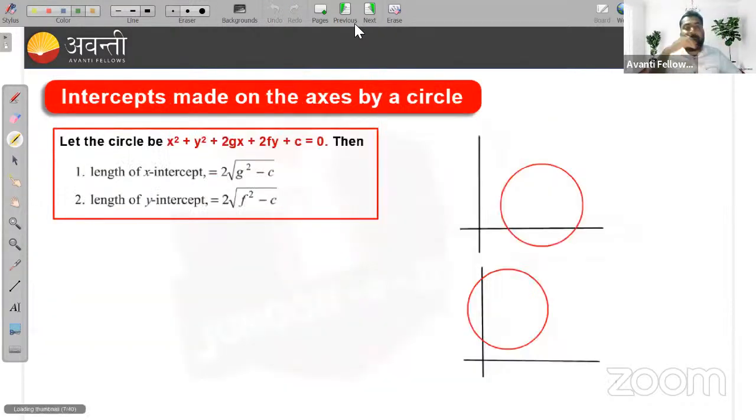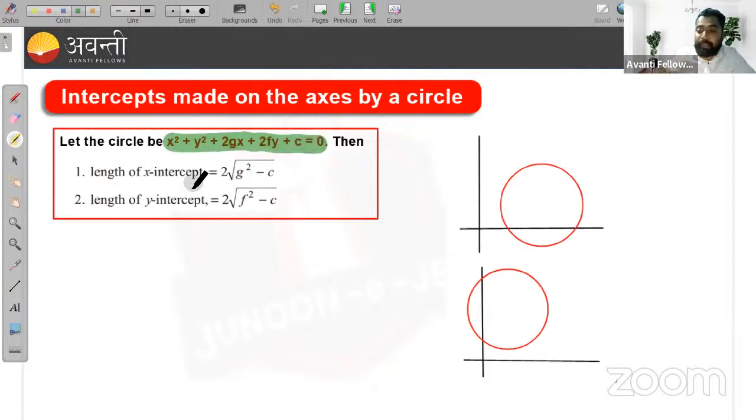Intercept made on the axis by circle. If the circle intersects the x-axis, and the equation of the circle is x square plus y square plus 2gx plus 2fy plus c is equal to 0, then the length of the x-intercept will be this length.